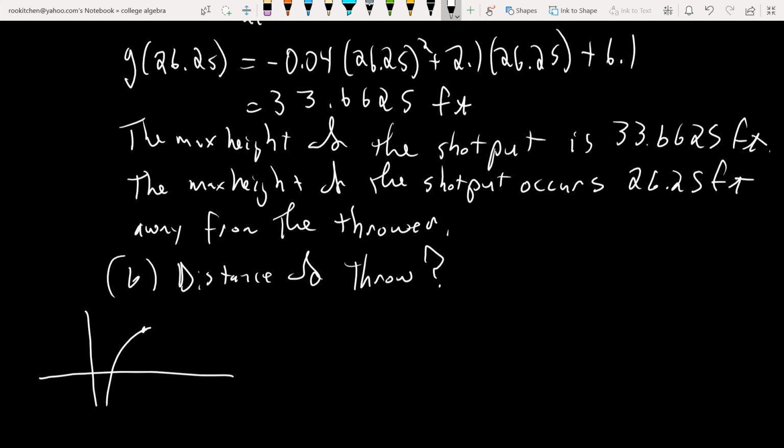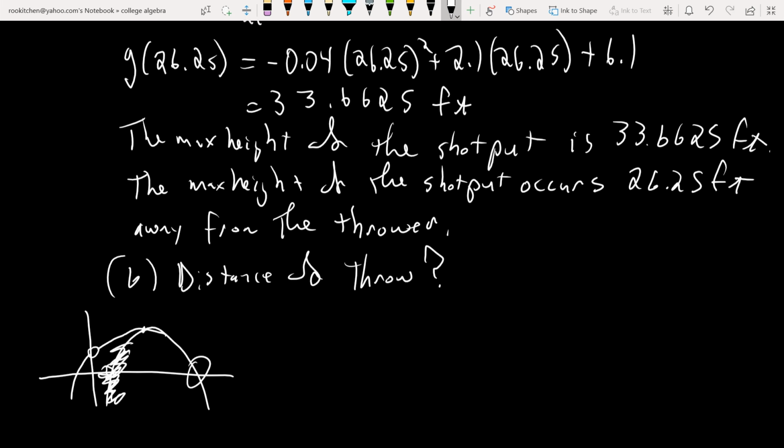Okay, so if it's modeling the shot put throw, the place where it hits the ground is going to be out here somewhere. Okay, this other one is kind of where it started. Actually, you'll see later that the y-intercept is actually up here. Okay, so a more realistic view would be this, without this part of it.